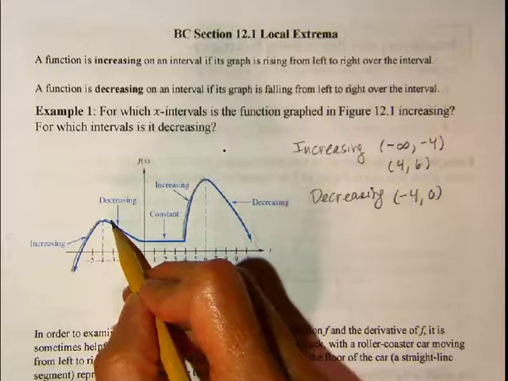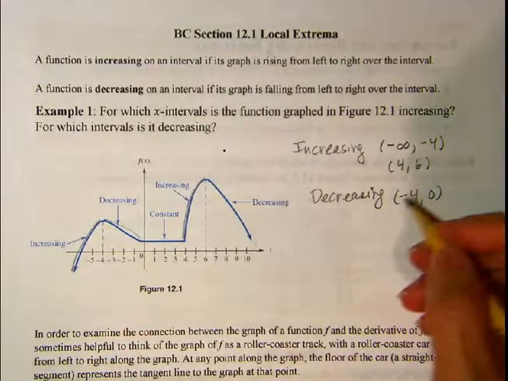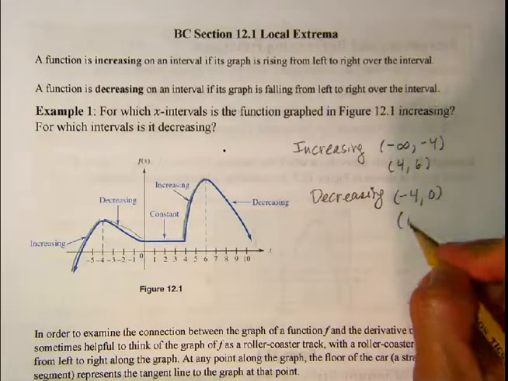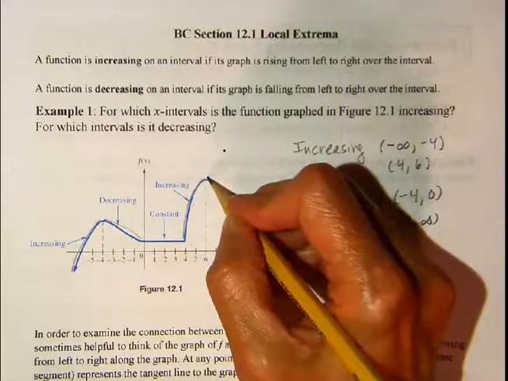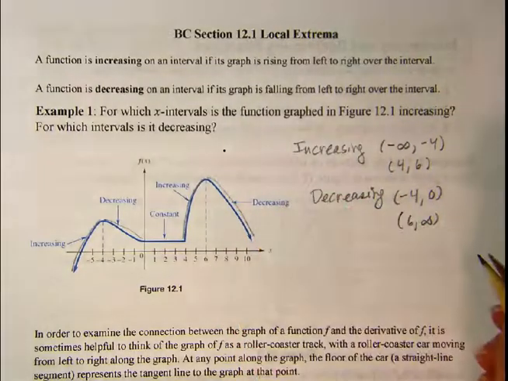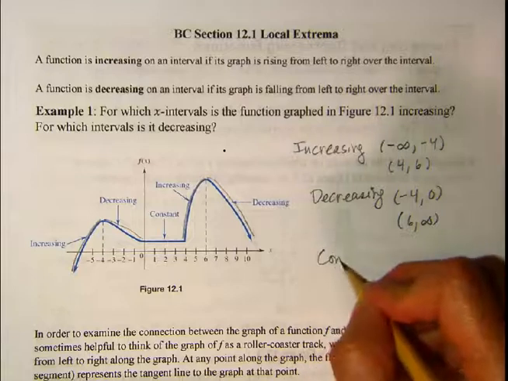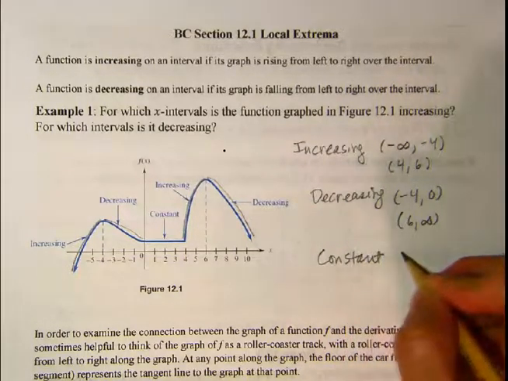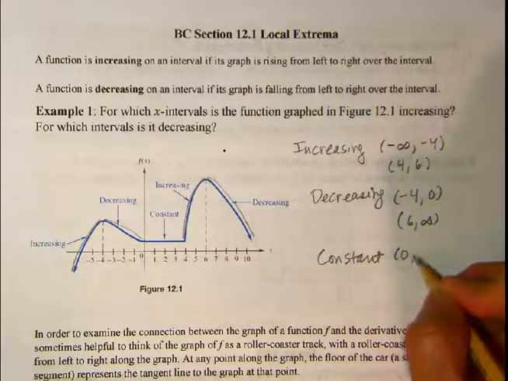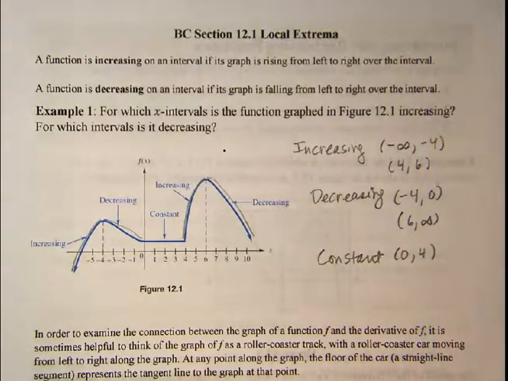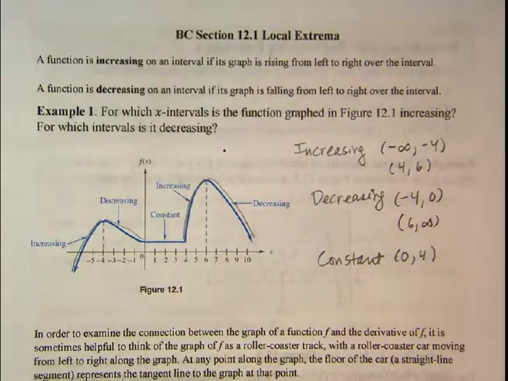So we're talking x from negative 4 to x is 0, it's decreasing there. And then again from 6 to infinity, so from there on down. And then it's got that constant part, which is from 0 to 4. So just make sure you know how to recognize it on a graph and to write it in interval notation.